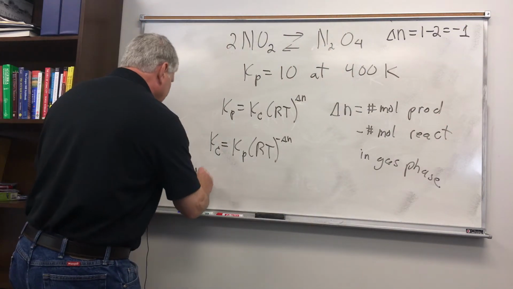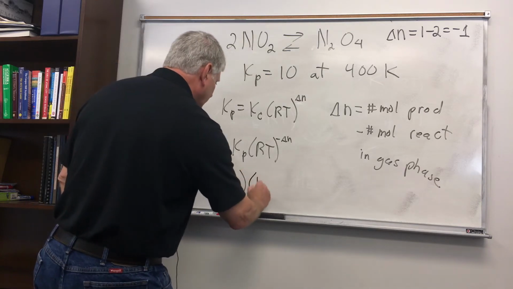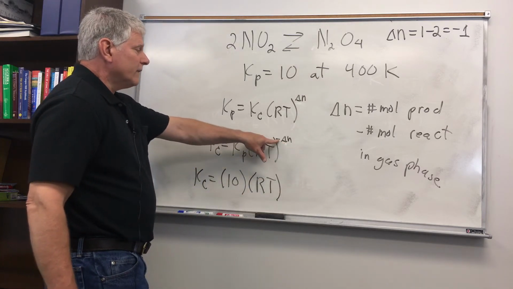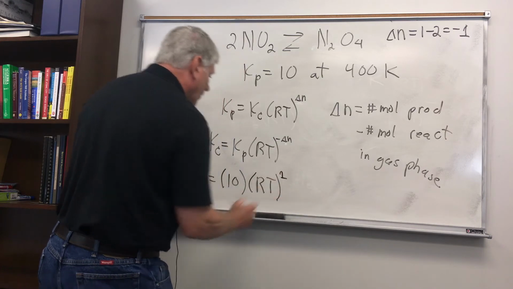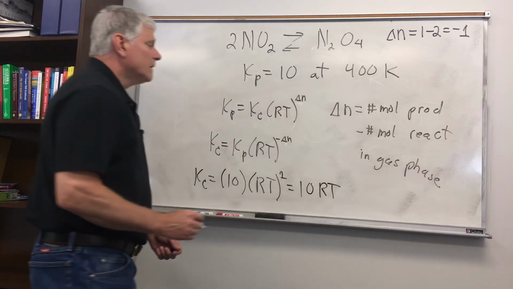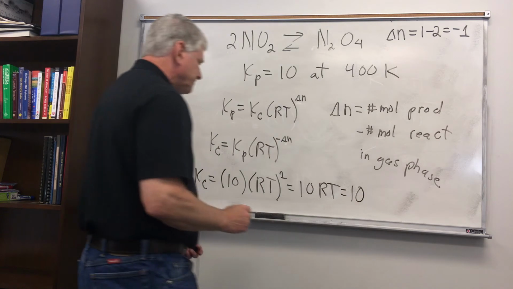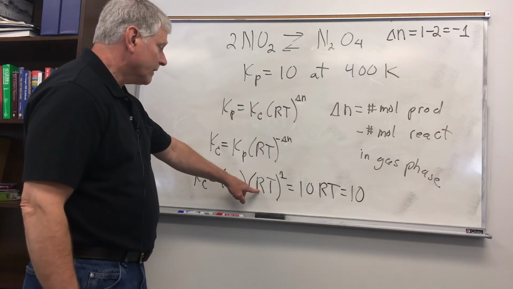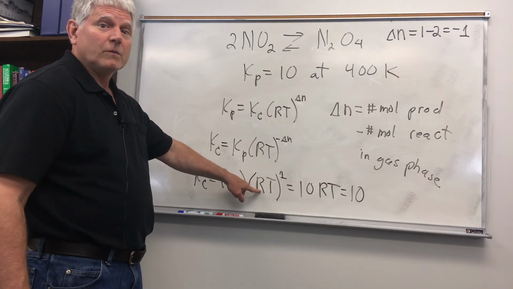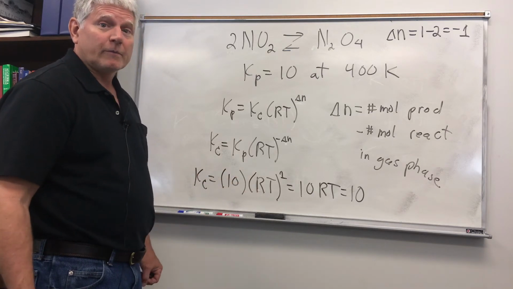So Kc would be equal to Kp, which is 10, times RT to the negative delta n. So delta n is negative 1, so the negative of that is 1. So Kc would be equal to 10 times RT. Now these units for R came from the ideal gas constant when we formed the equilibrium constant in terms of pressure units.